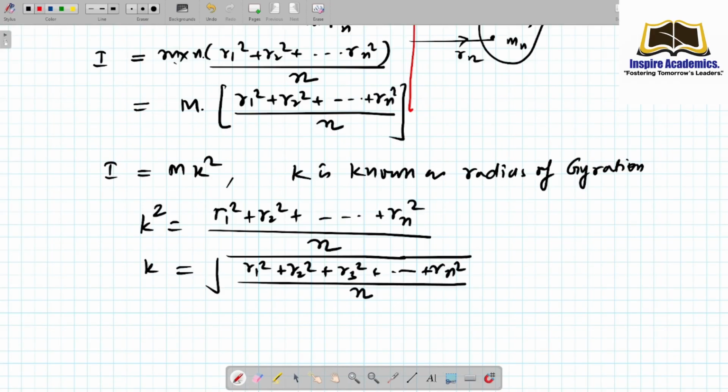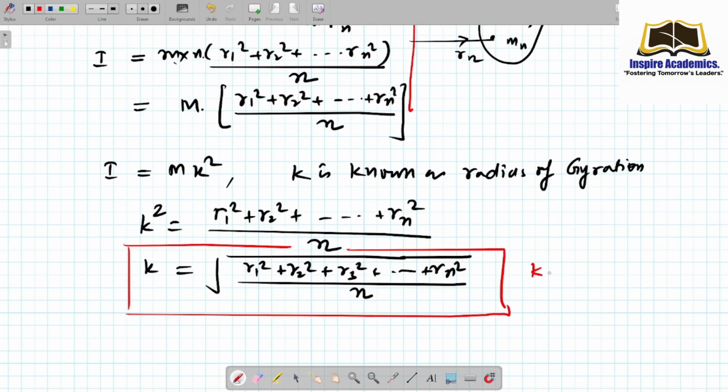This parameter k is known as the radius of gyration. Is this clear? So the radius of gyration is the equivalent distance as if the entire mass were concentrated at a point k distance away from your axis of rotation. This is how you can understand this whole concept.